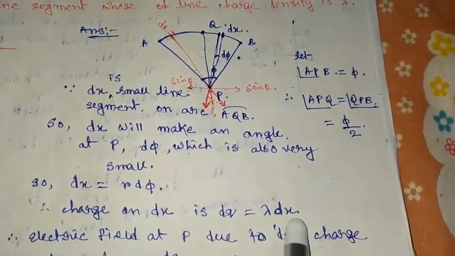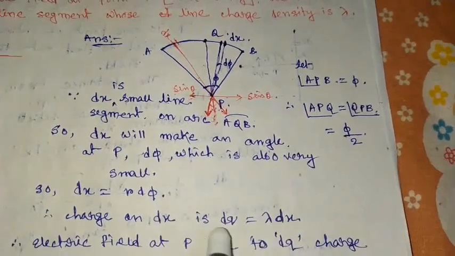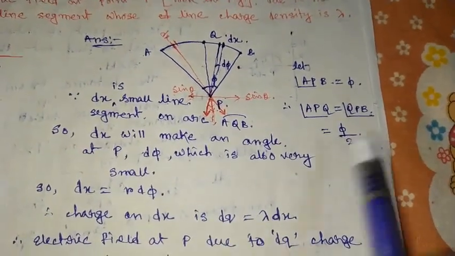So for the dx length the charge dq is lambda dx.